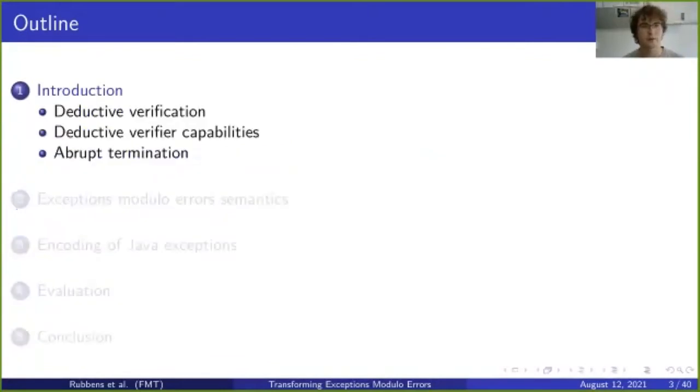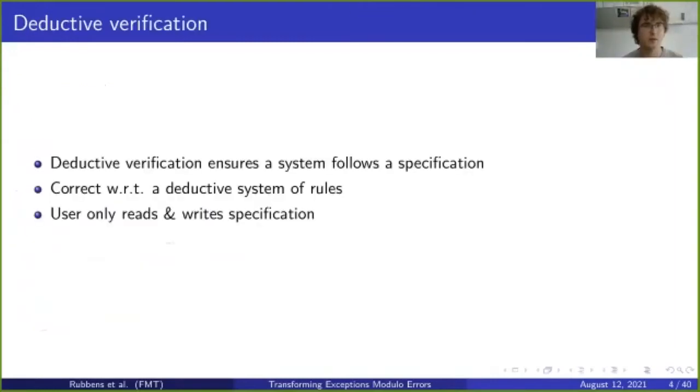So first, introduction. We discuss deductive verification, deductive verifier capabilities, and abrupt termination. So what is deductive verification? Deductive verification is a formal method that can ensure that the system follows a specification.